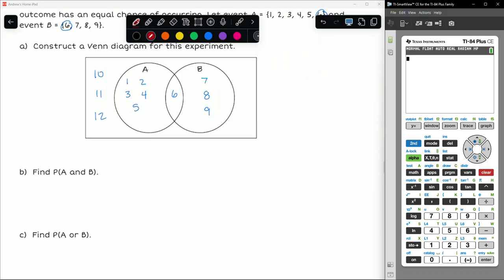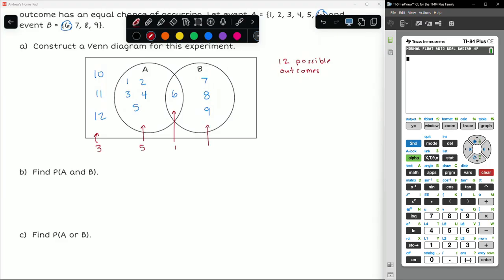But let's take a look. So if I'm looking at the whole sample space, there are 12 numbers, so 12 possible outcomes. I know that outside there are 3 outcomes. In this bubble by itself, there are 5. In this section, there are 1.